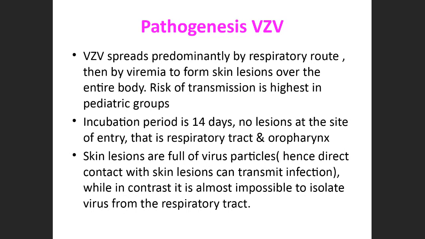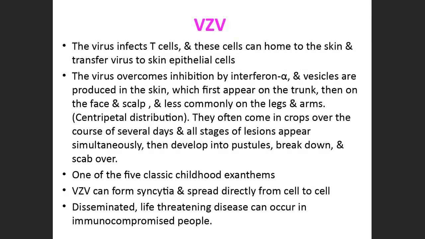Skin lesions, they are filled with virus particles. So if there is any direct contact with the skin lesions, then the transmission is possible with it. And you cannot isolate the virus from respiratory tract, only from these lesions. The virus infects T cells, and these cells transfer virus to skin epithelial cells.